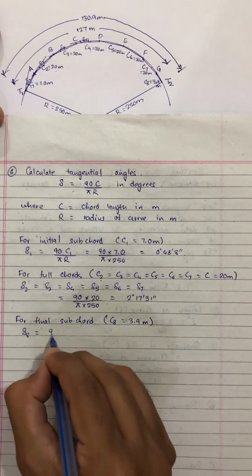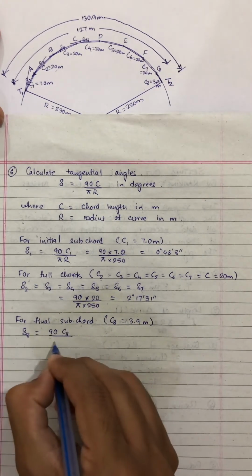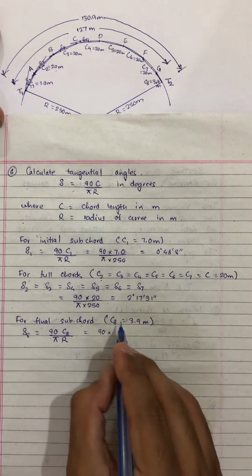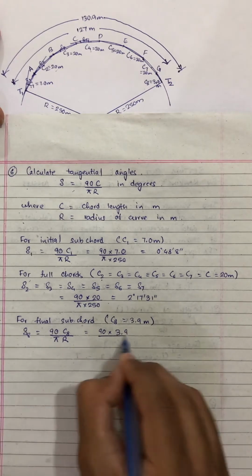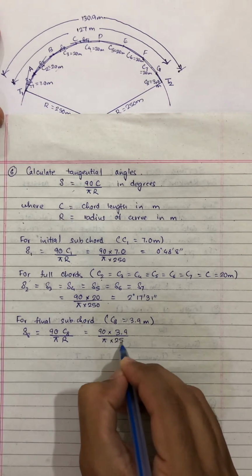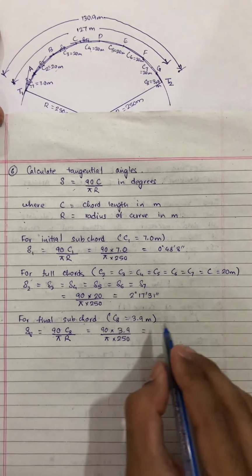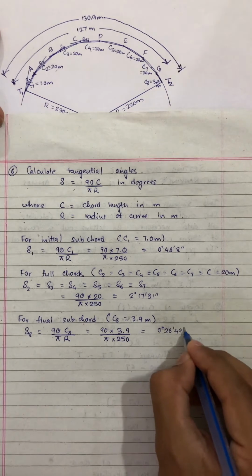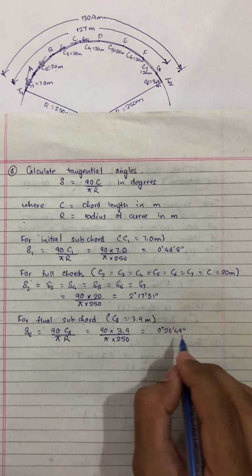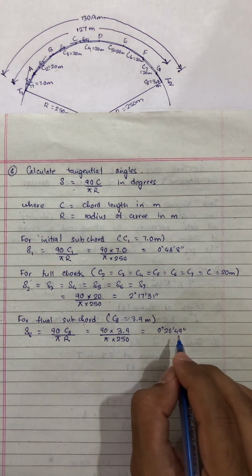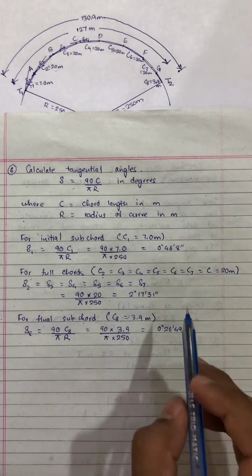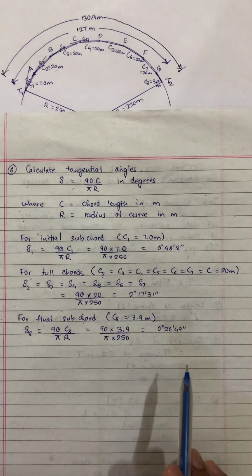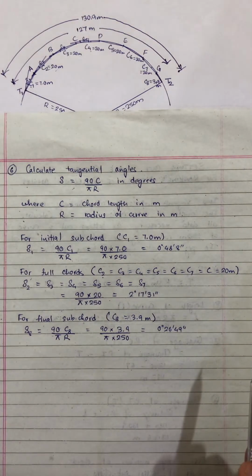So del 8 will be equal to 90 into C8 upon pi into R, so 90 into 3.9 upon pi into 250. On calculating, this value comes out to 0 degree 26 minutes 49 seconds. So we have calculated the tangential angles for each and every subchord or chord length.